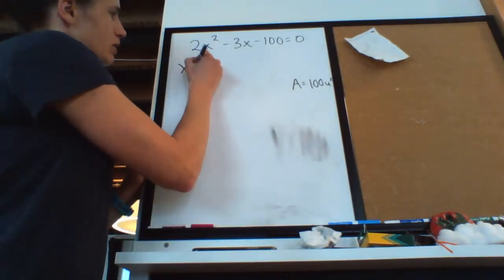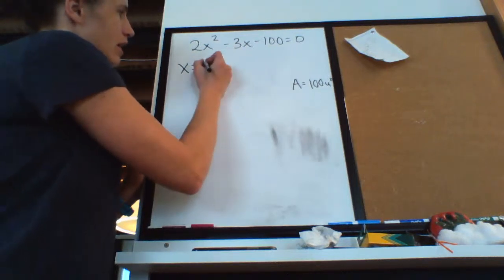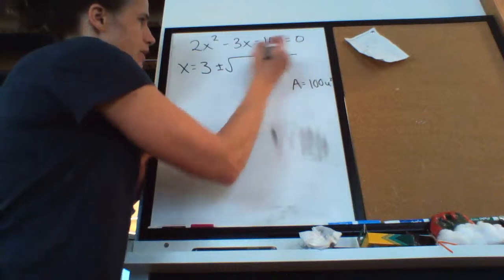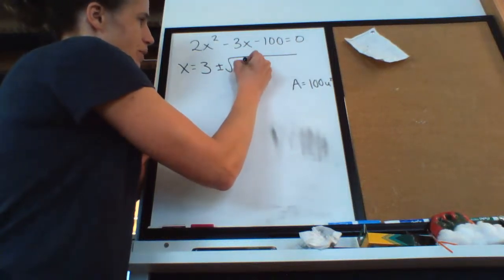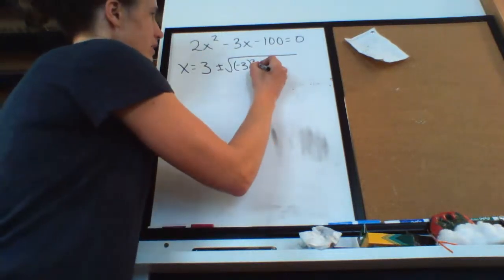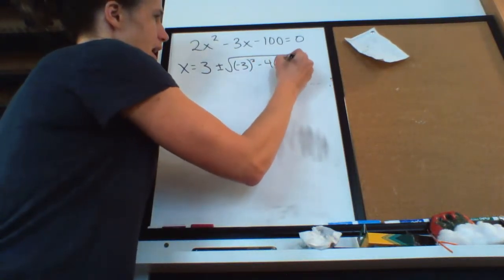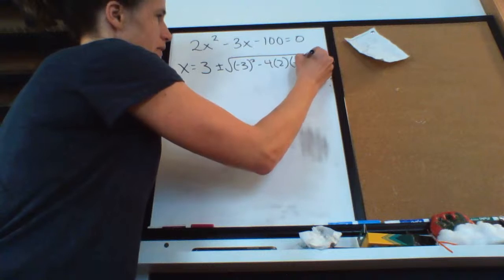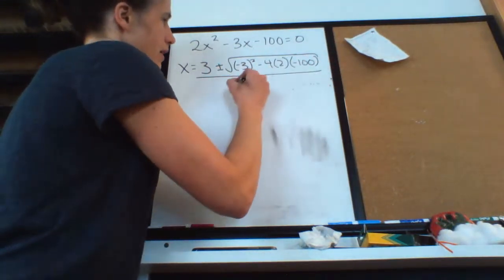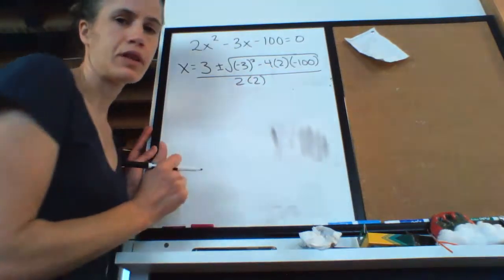So x equals negative b, so that would become positive 3 plus or minus the square root of negative 3 in parentheses squared minus 4 times a times c, okay, all over 2a, right?